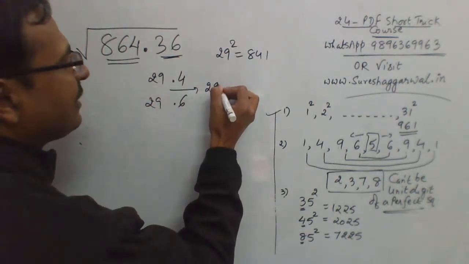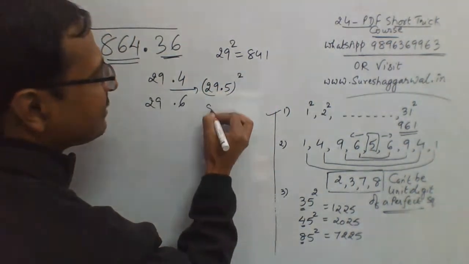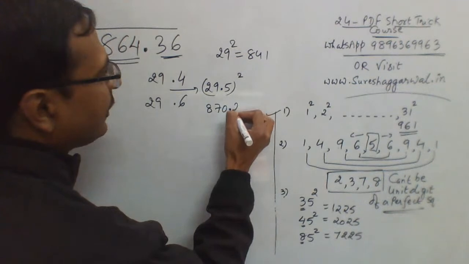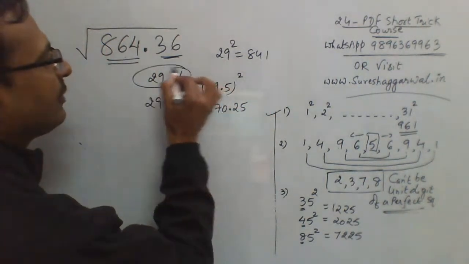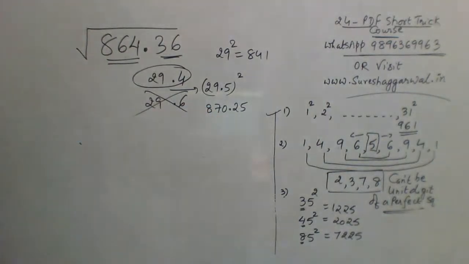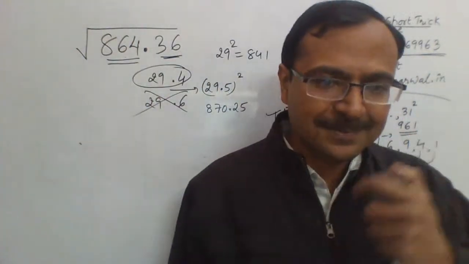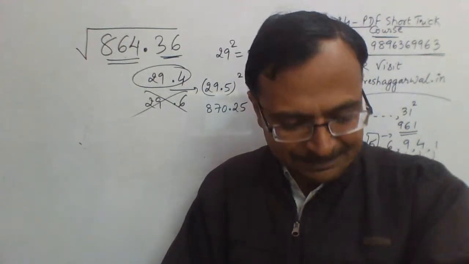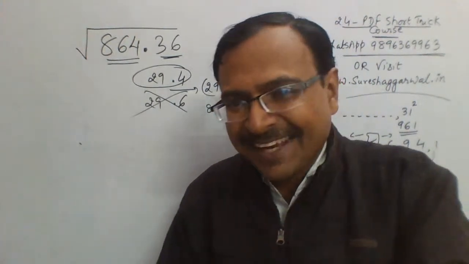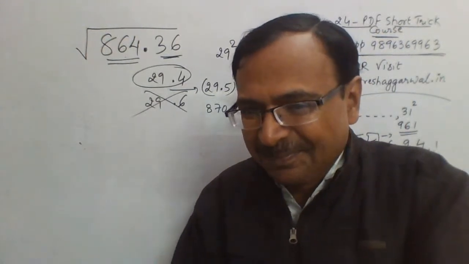In between that we have 29.5 square, so 29 into 30 is 870.25, and my number is the smaller one, so my answer is the smaller one. 29.6 rejected, 29.4 is the answer. I'll take 10 seconds for that. If you are doing it in 3 to 4 seconds, you're faster than me, friends. Okay.